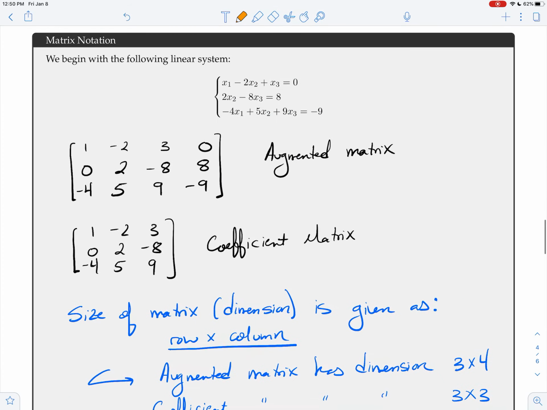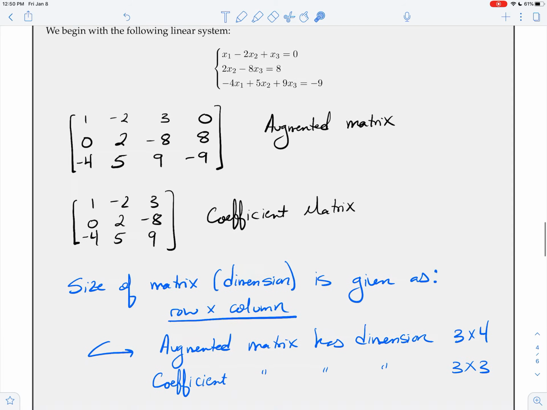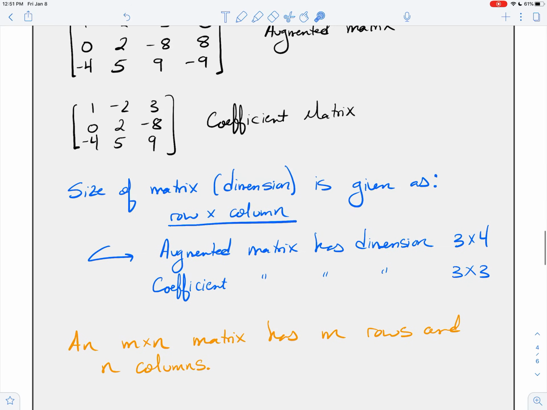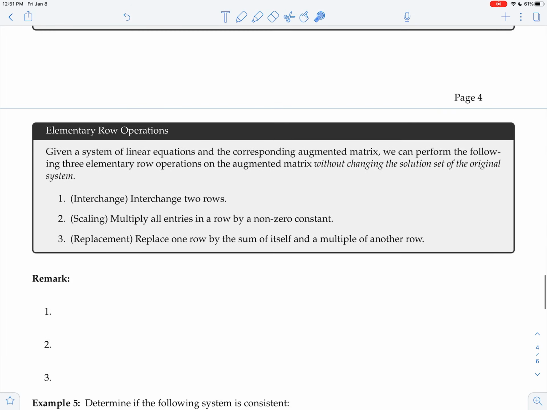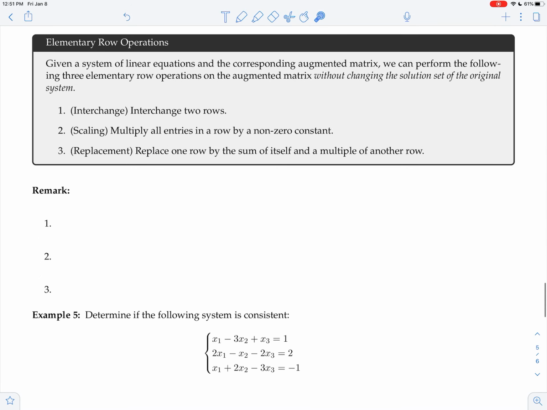Key idea is you can take a linear system, and instead of writing all the variables down, you can write no variables and still capture the same system. And so that brings us to this idea of elementary row operations. We are going to simply discuss and look at 1 or 2 examples here, and we're going to dive into this a lot more seriously in the next section. But I wanted to at least introduce elementary row operations to you.